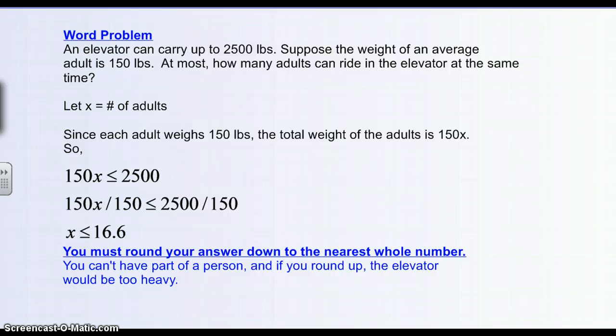In other words, you would think it was 17. Think about this. This is saying that the elevator can't hold more than 2,500 pounds, and if you round that up to 17, you'll have more than 2,500 pounds in the elevator, and the elevator will fail. So you need to round down to 16, and then you have that extra missing weight so that the elevator will be safe.